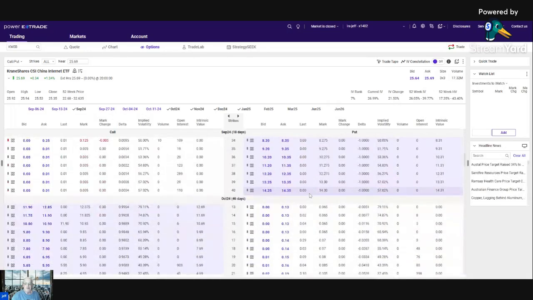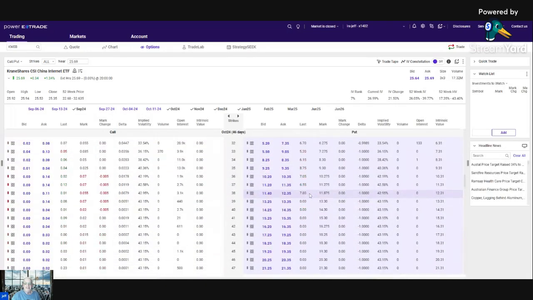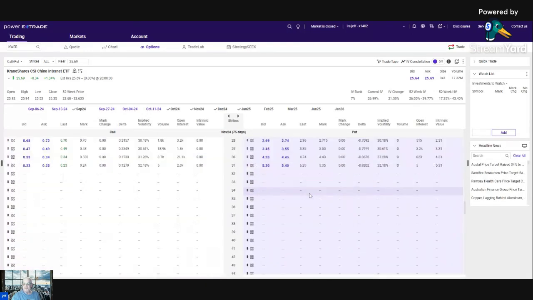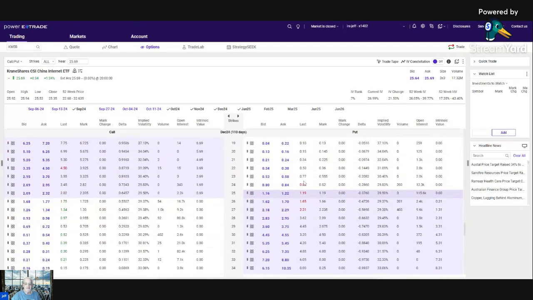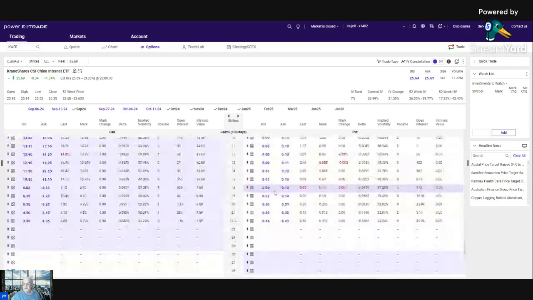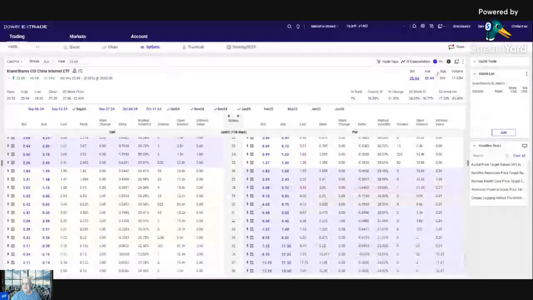So take, for example, you look at the puts, go back to January. Oh, I didn't have to do open interest. Let me show you that in a minute. I forgot. Let me get back into that. Okay, so let's go to January. And there's plenty of open interest. So come over to, here's a 71 delta.